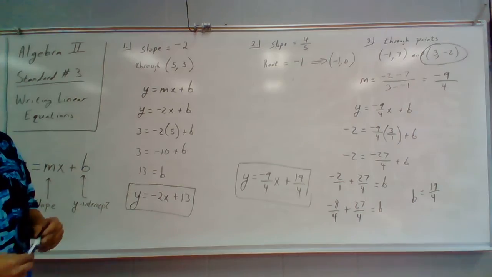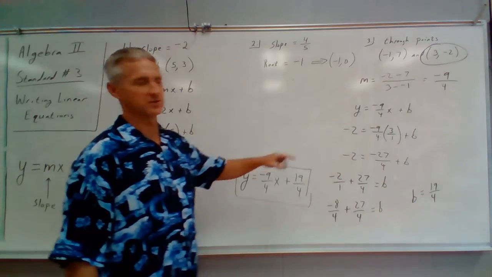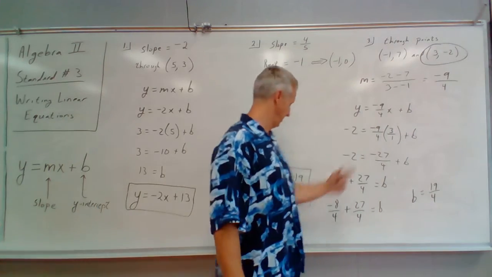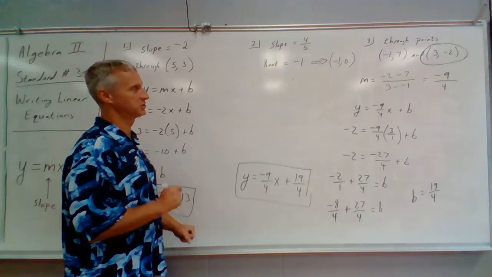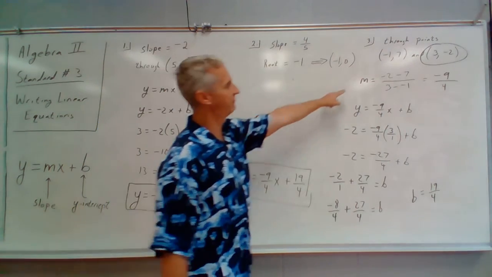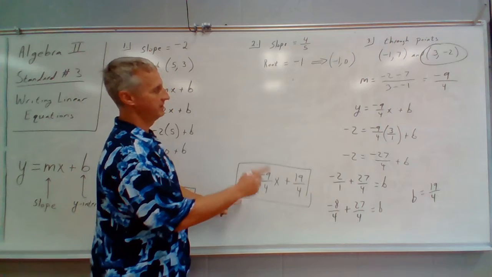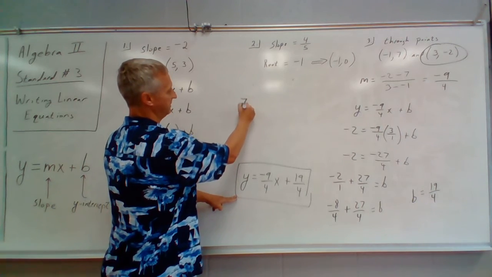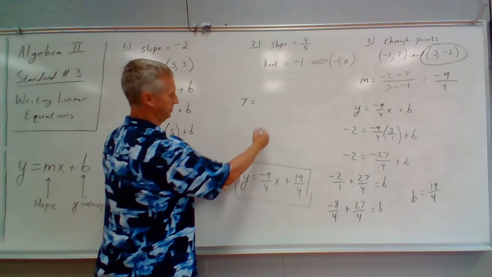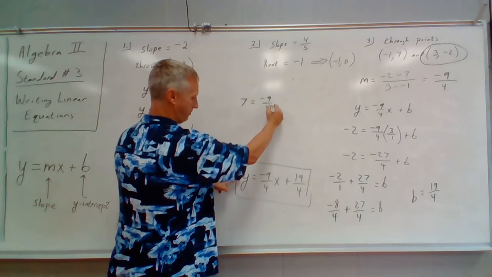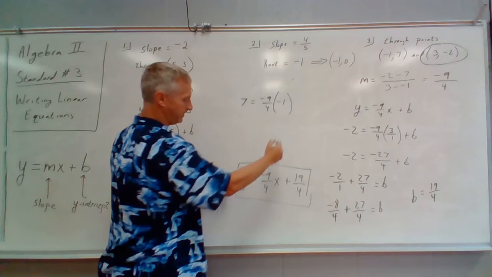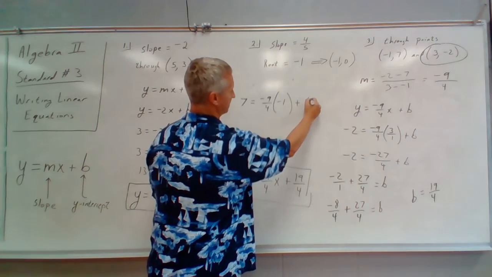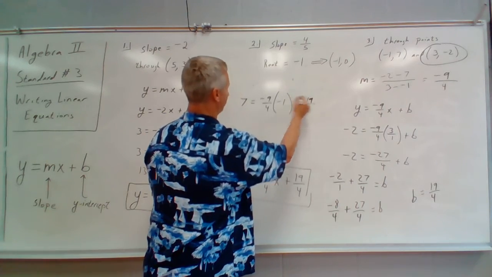Final answer. All right, let's check and make sure that really works. So I'm going to take this other point, plug it in here, and see if it is true. So I'm going to put a -1 for the x and a 7 for the y. So I have 7 equals -9/4 times -1 plus 19/4.